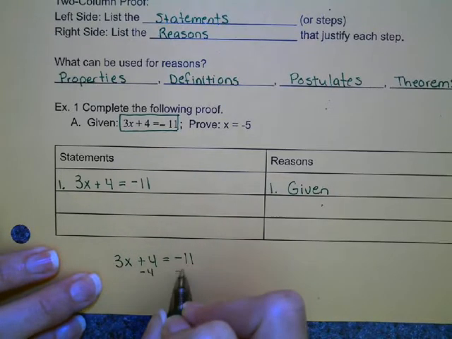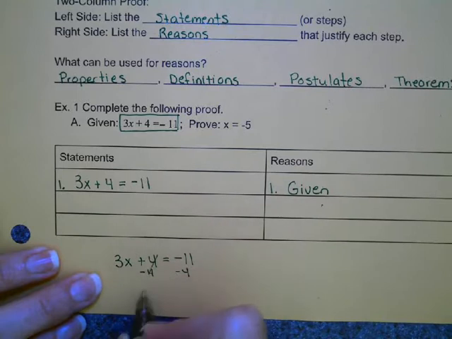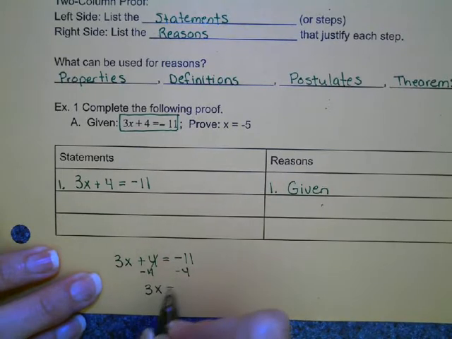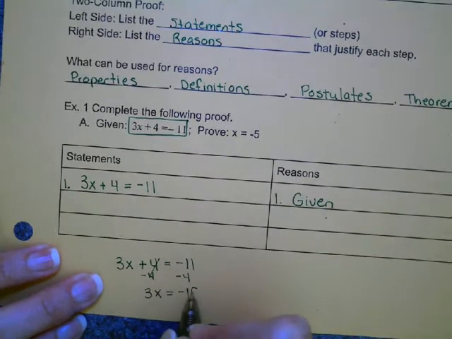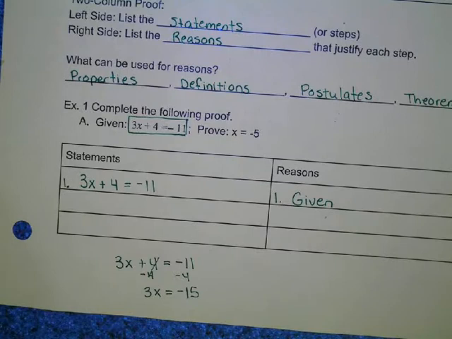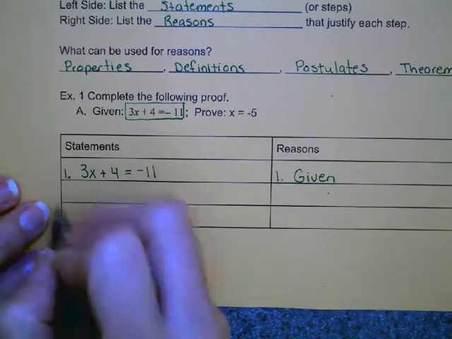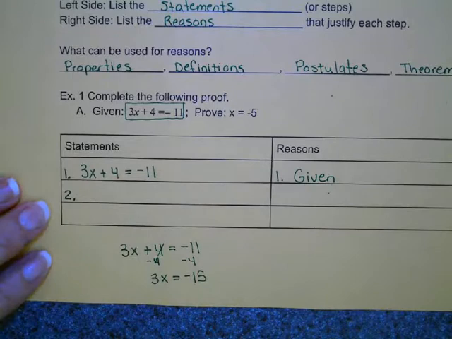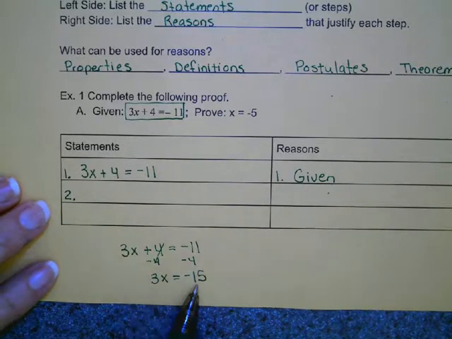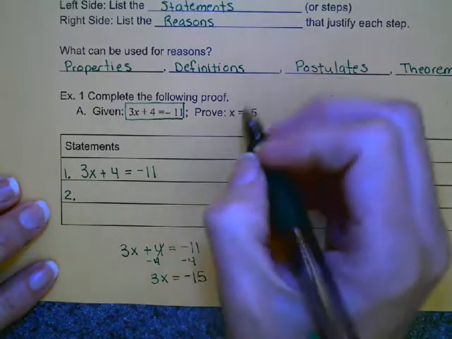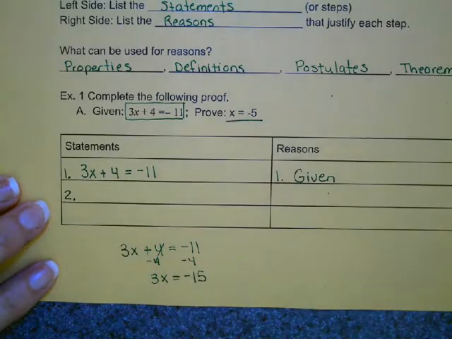and you're used to, say, writing -4, and then showing that step, you may want to do your problems on another piece of paper. In the proof, what I did was I subtracted 4 to the other side because I'm solving for x, because it says we want to prove x equals -5.